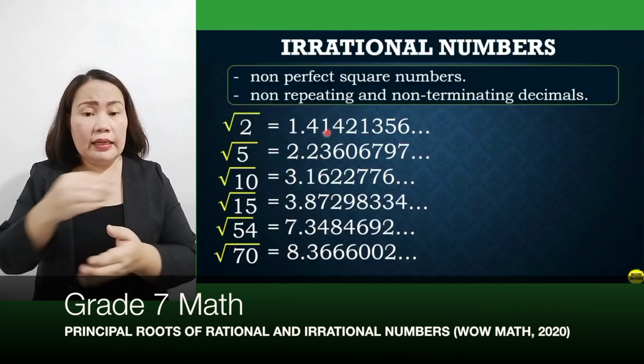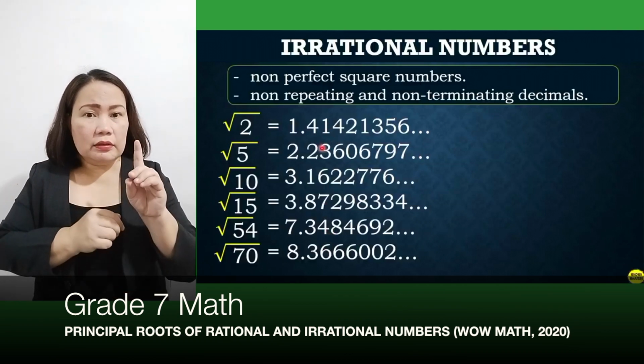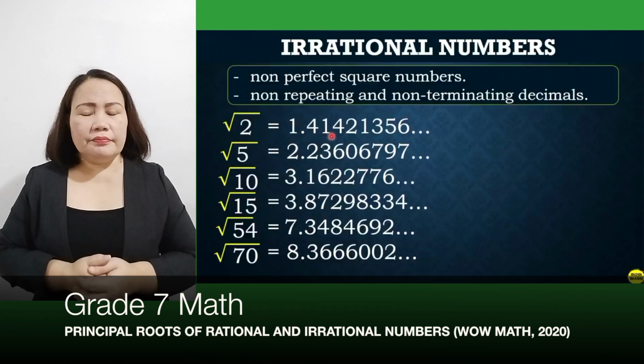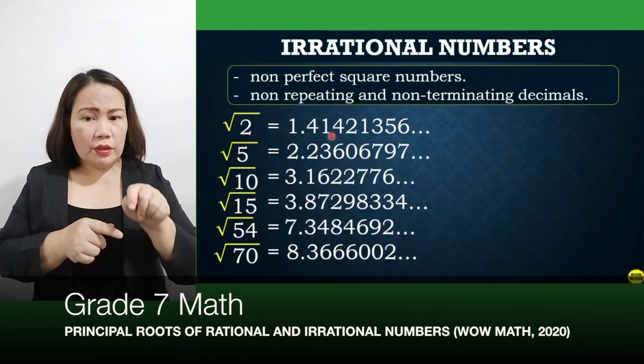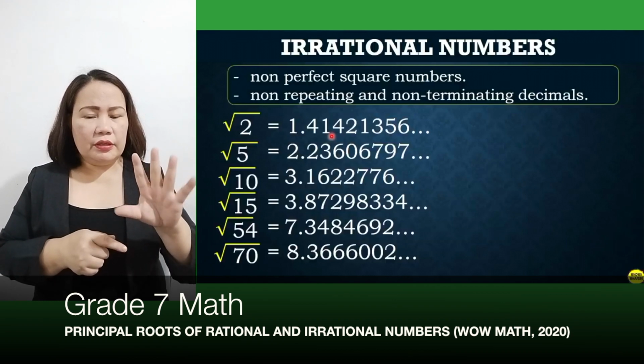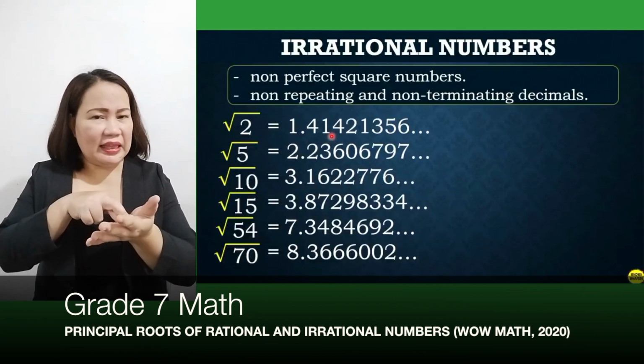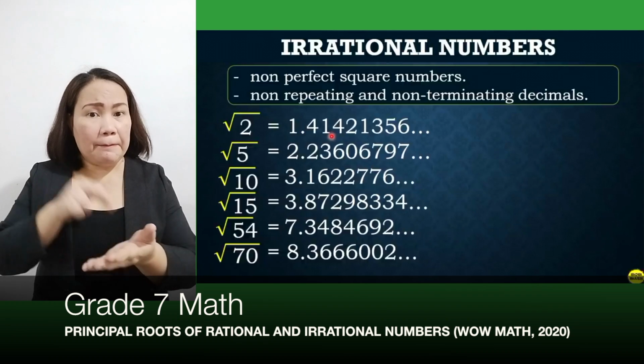Okay. So, this will be the result. It is not repeating, and it is not terminating. Unlike our rational numbers earlier, the perfect squares, where the result is always an integer or a rational number.